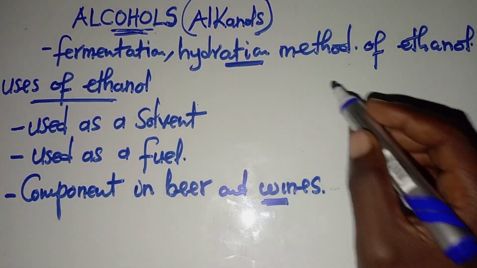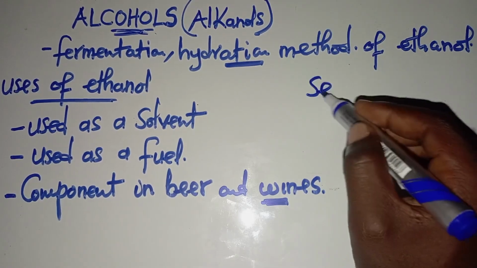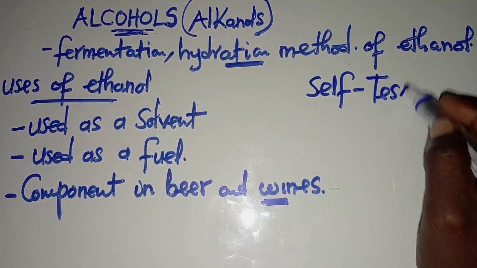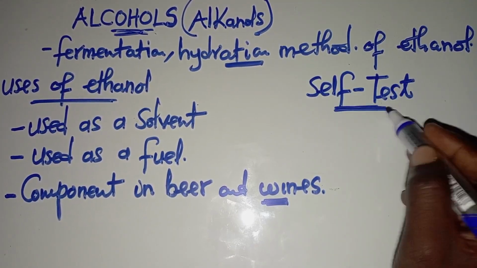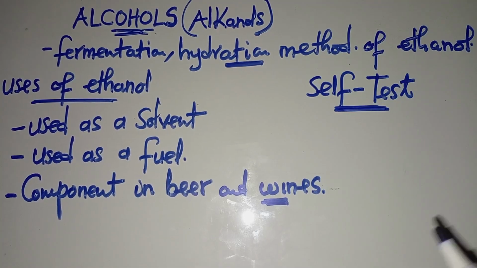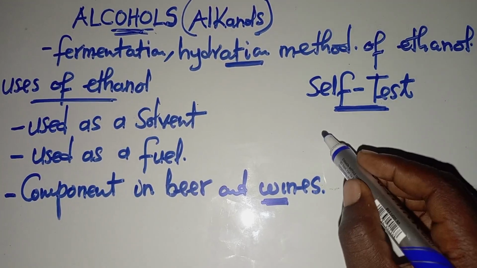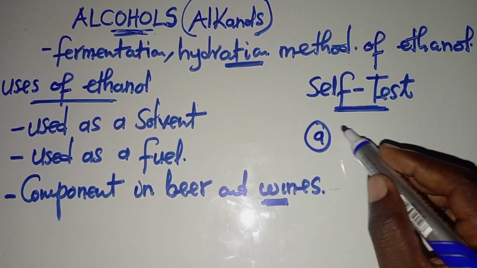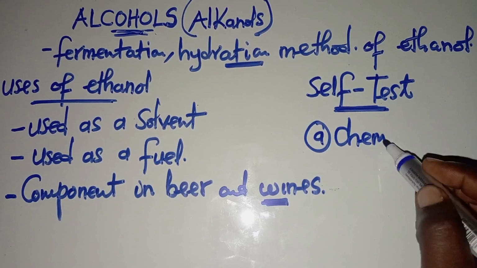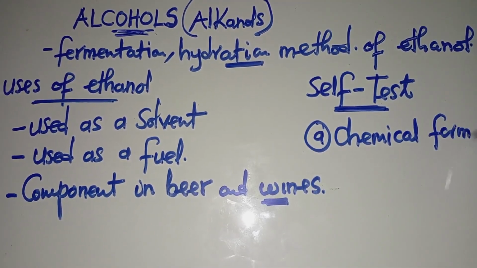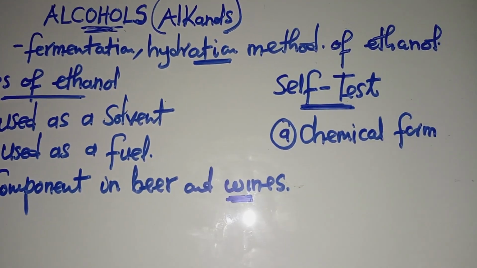So we looked at certain alcohols. To do a simple test, we shall call it a self-test. This test, you just have to test it yourself. I want you to write the chemical formula of the following. We are going to do this exercise in few minutes.